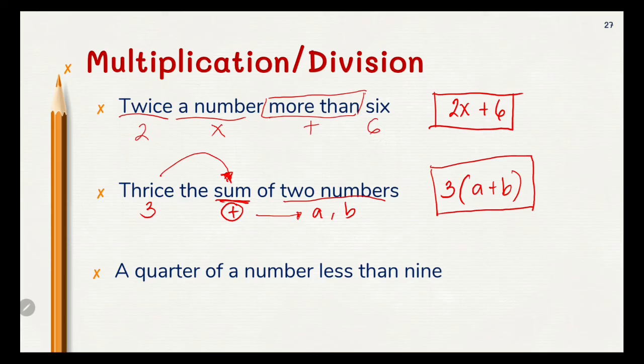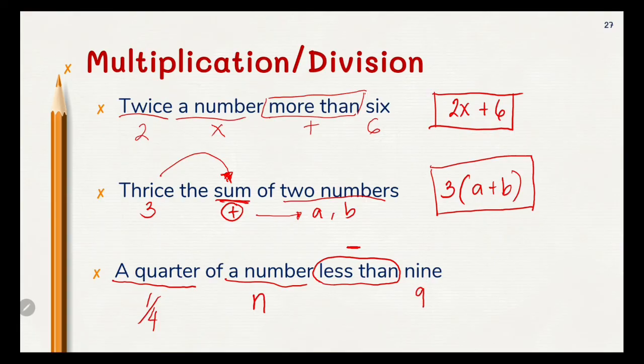Next, a quarter of a number. A quarter is 1/4. A number, we don't know the number, let's say n. Less than. Take note of less than. It indicates minus, but with the twist. And then we have 9.